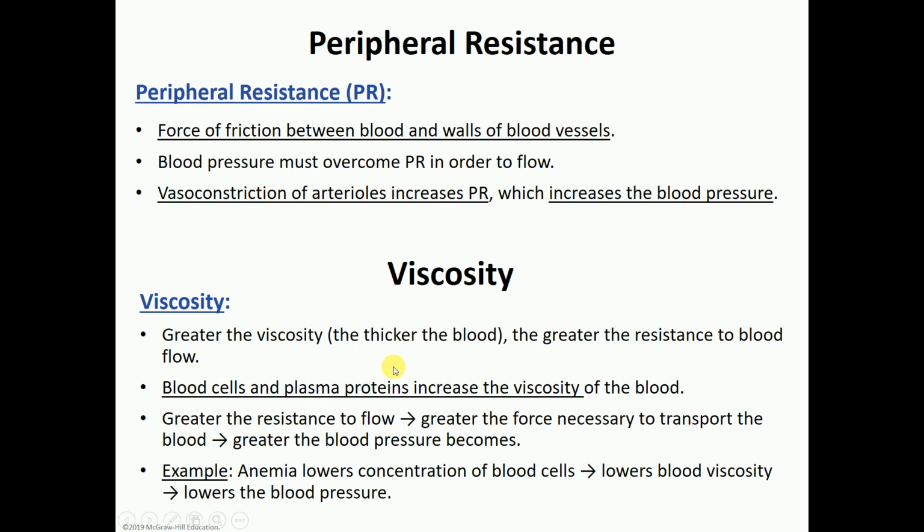So the more you have of these cells, the higher the viscosity of the blood, making the blood thicker. And again, obviously that will translate into higher blood pressures. For example, anemic patients have low RBC counts. That leads to lower blood viscosities, and they tend to have low blood pressure.